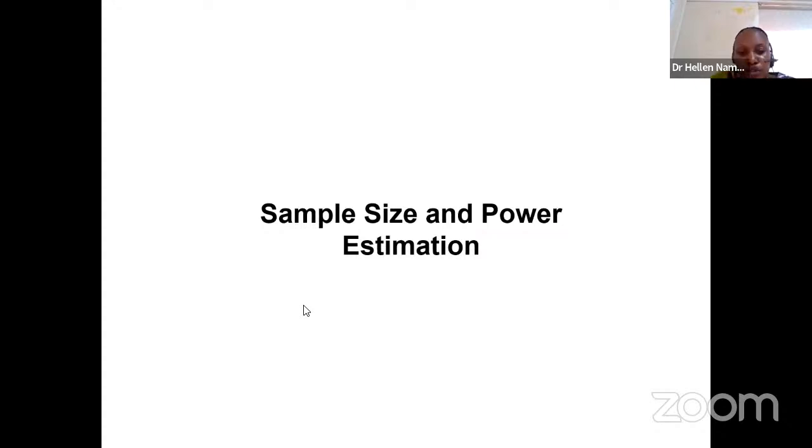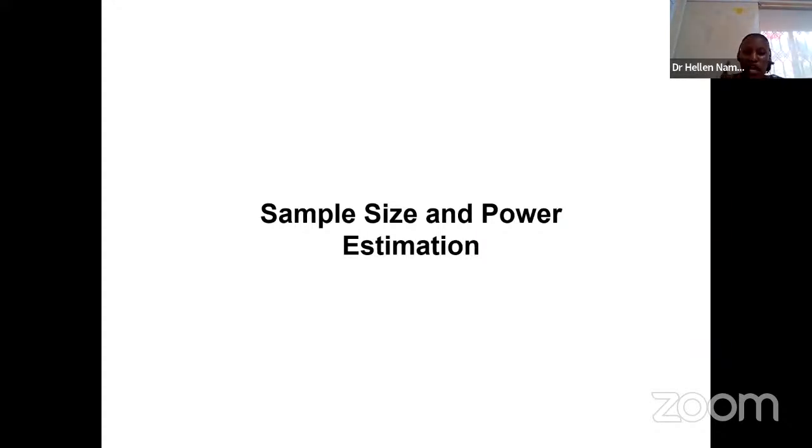Now let's move on to sample size and then the power of estimation. So what are the key things? Given that now we know what a sample survey is, what a population survey is, we now know the different approaches of the sampling procedure, the non-probability techniques and the probability techniques.